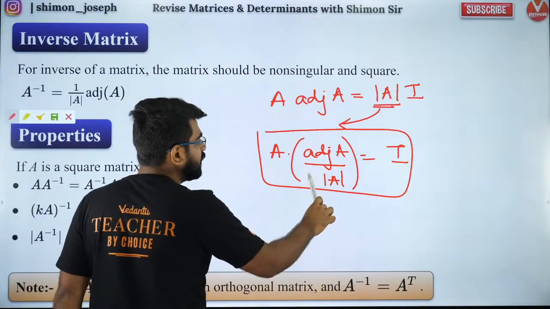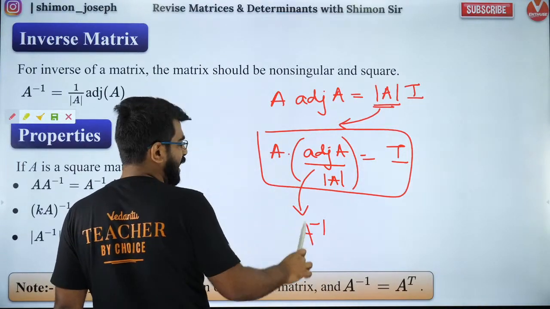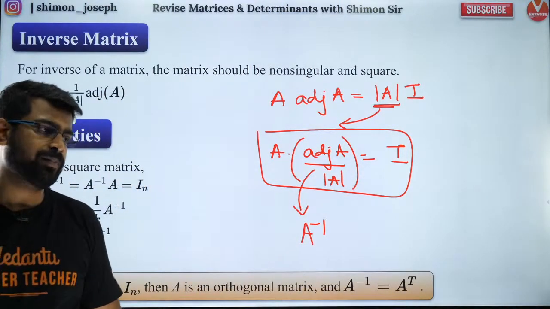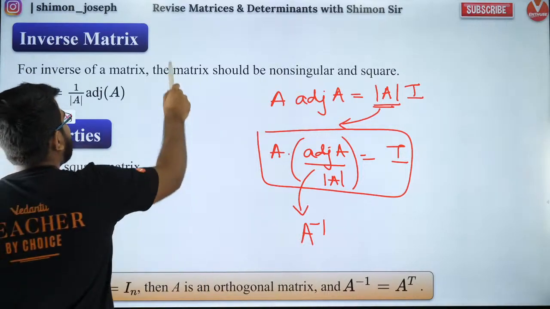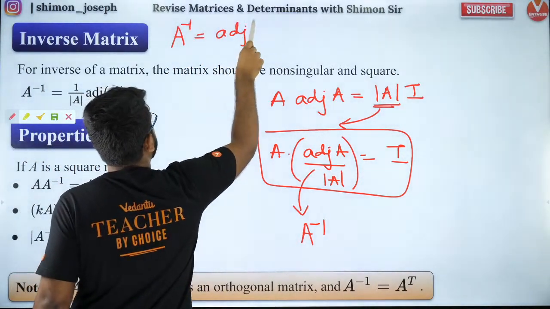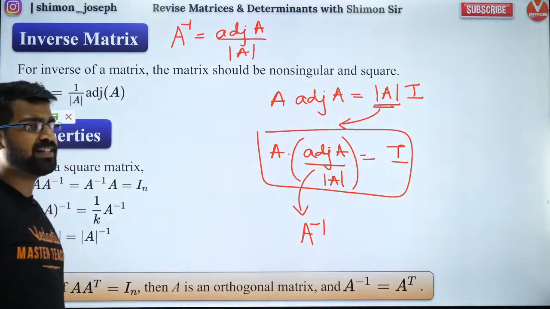So can I say this should be the inverse of A? Because only A into A inverse will give you I. Are you guys able to understand that? So that is why A inverse, my dear students, is nothing but adjoint of A divided by det of A. Are you all okay with it? Yes?